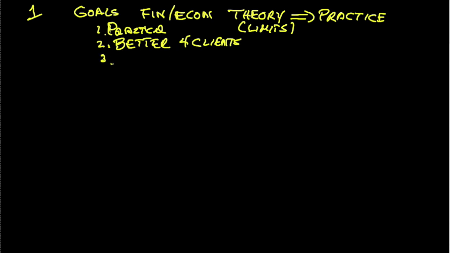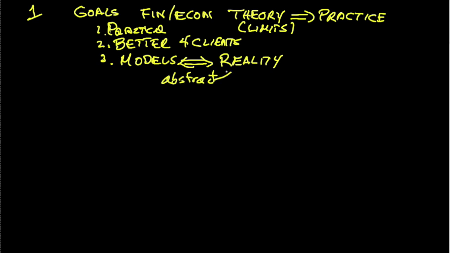Another point here is we're doing this through a vehicle of models. And the real thing I wanted to mention, and I'll probably say it too many times, is there's models and there's reality. And really what a model is, it's an abstraction of this reality.